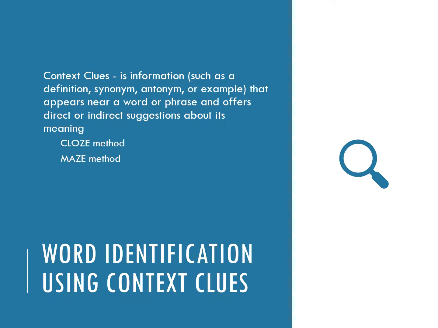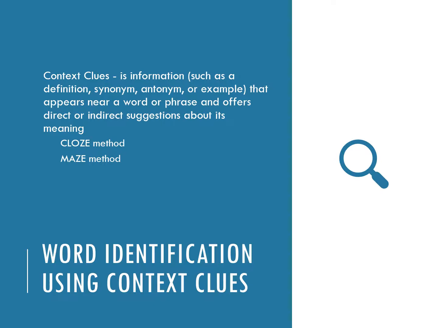In reading and listening, a context clue is information such as a definition, synonym, antonym, or example that appears near a word or phrase and offers direct or indirect suggestions about its meaning. So in other words, as a student's reading a passage and they come across a word they don't know, they can read around the word to determine what the word may be and what it means.